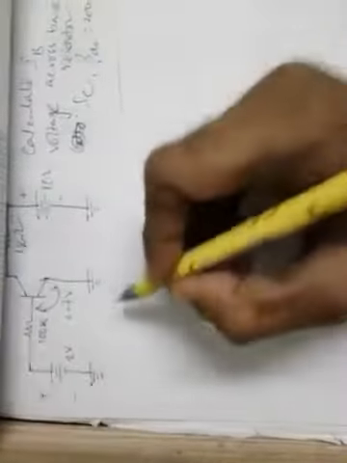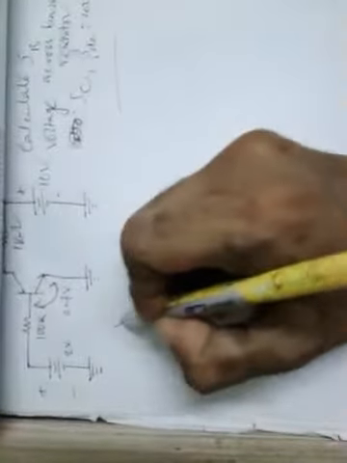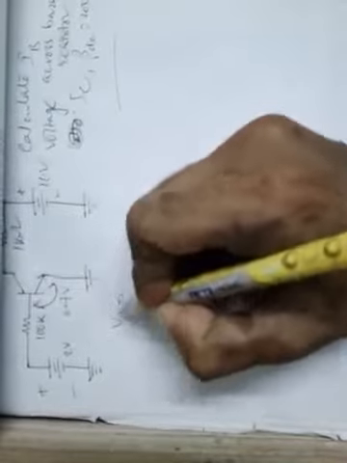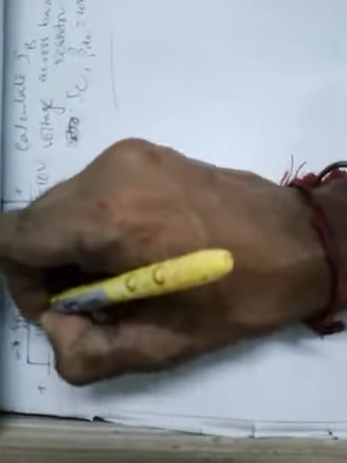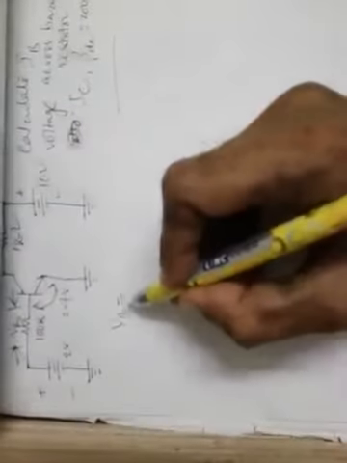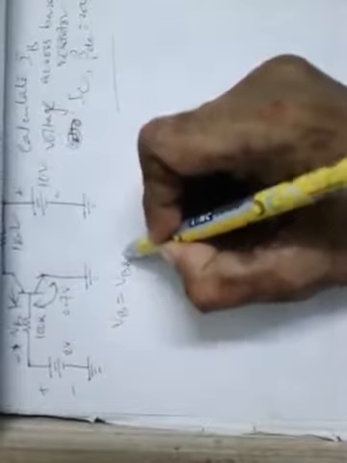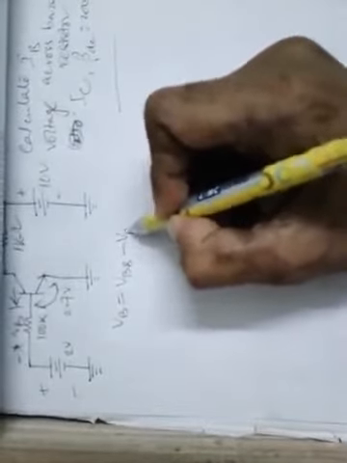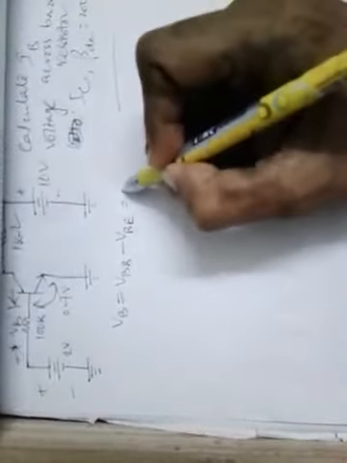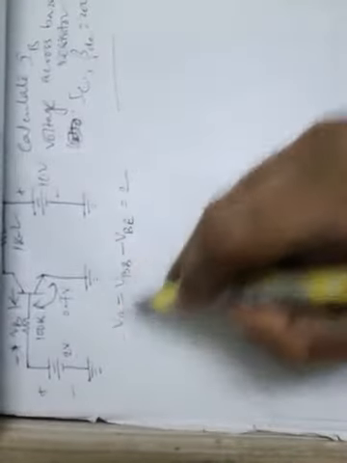So the voltage across the base resistor, suppose it is VB, is VBB minus VBE. VBB is 2 and VBE is 0.7 volt, so this is 1.3 volt.